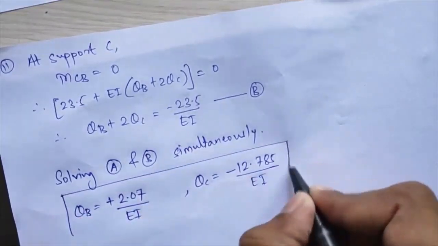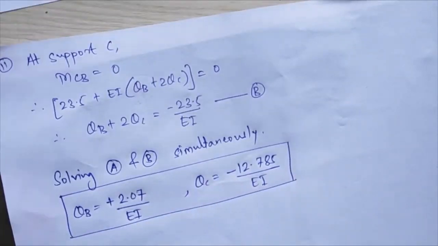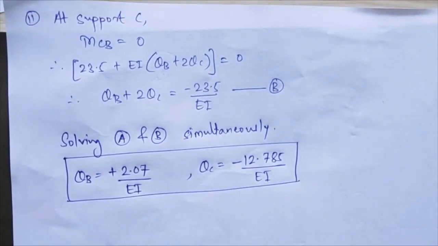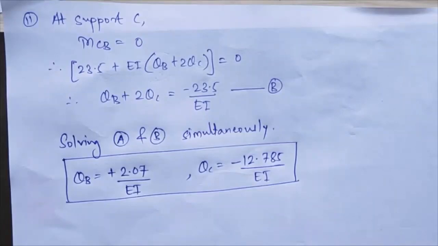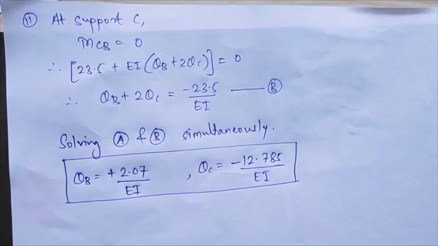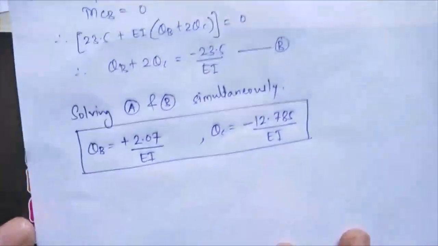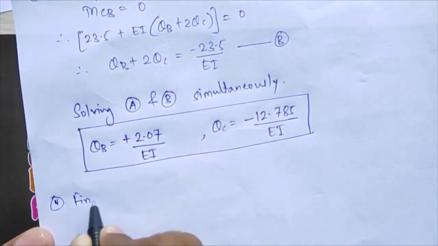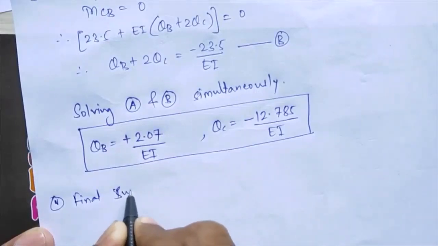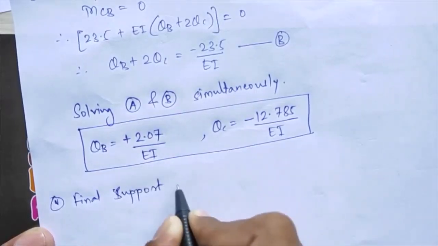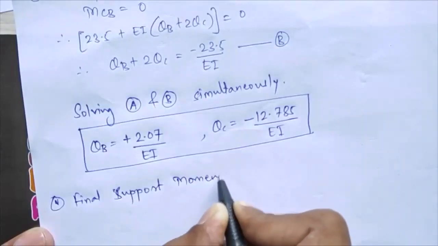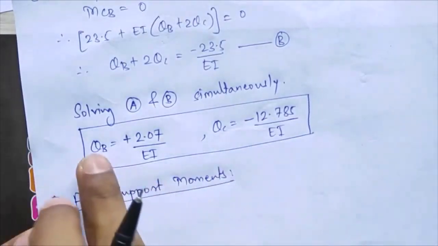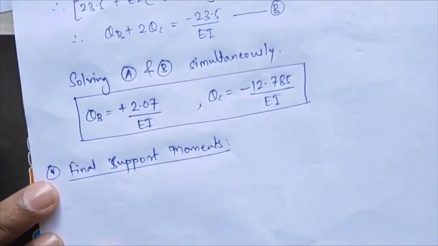So I have got my unknowns, theta b and theta c. Now using these two values, we'll proceed to our next step, calculating the final support moments. Simply substitute these theta b and theta c values in your 6 slope deflection equations.